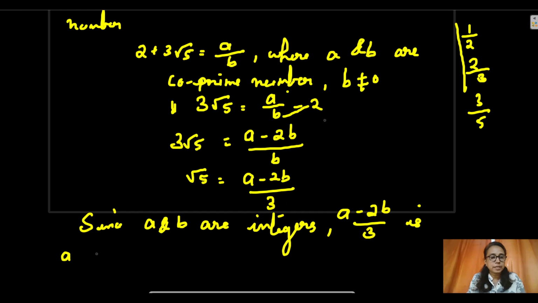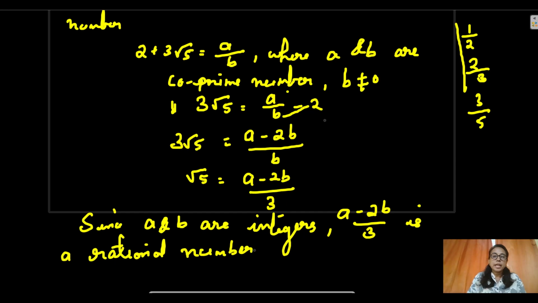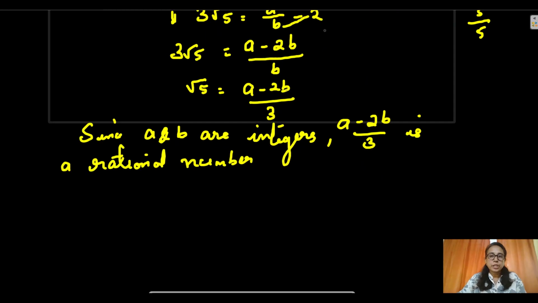Any doubt? All are integers, so it is a rational number. That is, right hand side is a rational number. Okay, do you understand?